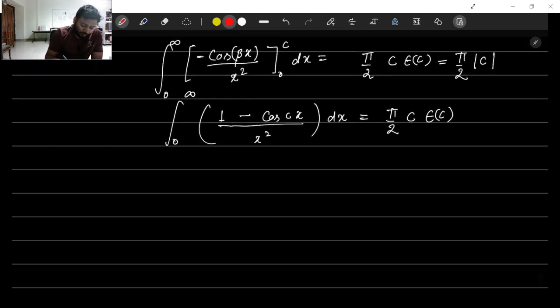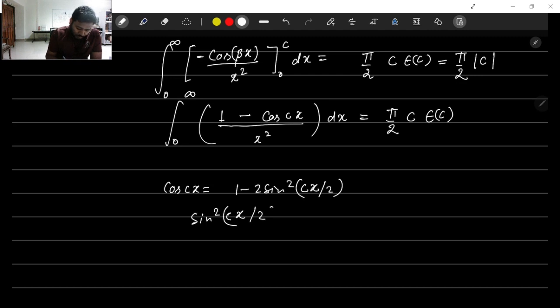So let us simplify it more. If we want to simplify it, we can write the formula cos cx equals 1 minus 2 sine square cx by 2. We can use this formula. So if you do this manipulation here, sine square cx by 2 is equal to 1 minus cos cx divided by 2, correct.